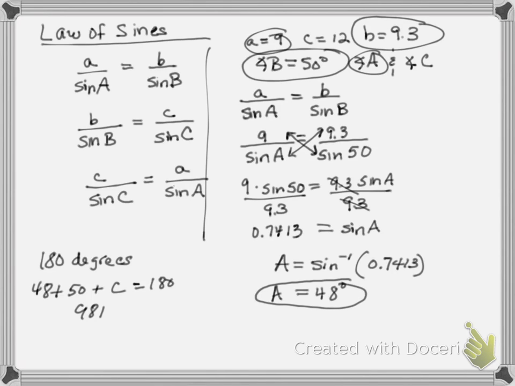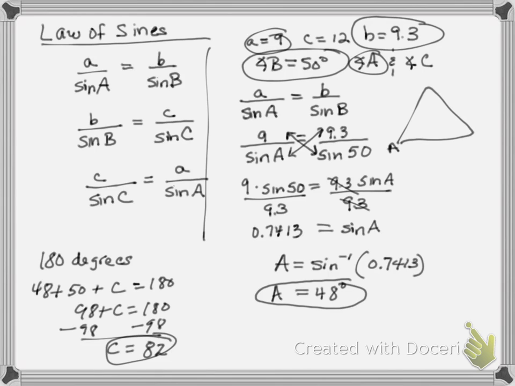So it'll be 98 plus C is equal to 180 degrees. So subtract 98, and C is going to be equal to 82 degrees.